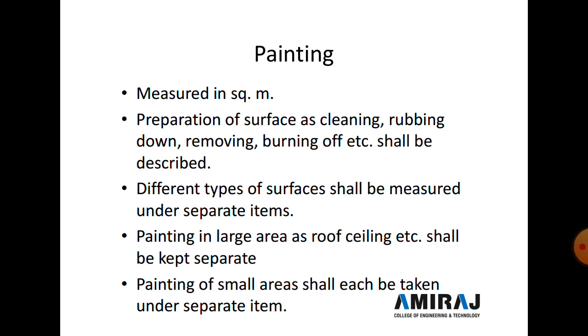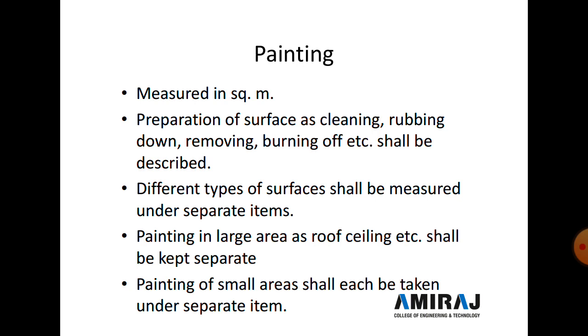Preparation of the surface, such as cleaning, rubbing down and removing the burning etc., shall be described. Different types of surface such as steel, wood, fiber and concrete shall be measured under separate items. Painting of large areas such as roofing, roof and ceiling shall be kept separate, and painting of small areas such as door and window and steelwork shall be taken under separate items.